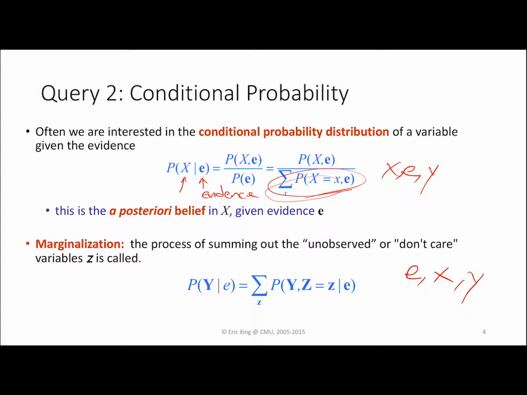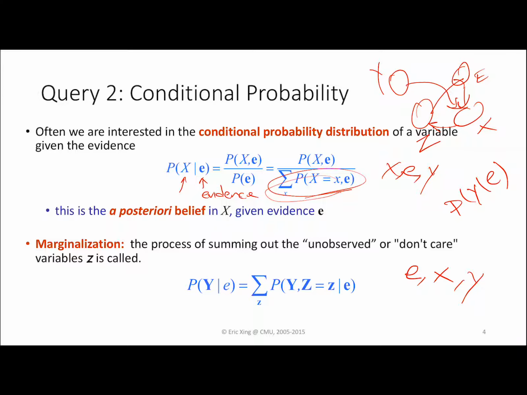Yes? So you're saying that the variables that you're going to be marginalizing over, some of those might be observed and some of those you might not be? Yeah. So you might say that I have a graphical model that has a relationship between e, x, z, y, and they're all related to each other in a crazy way. And you're only interested in computing the posterior probability of y given evidence.